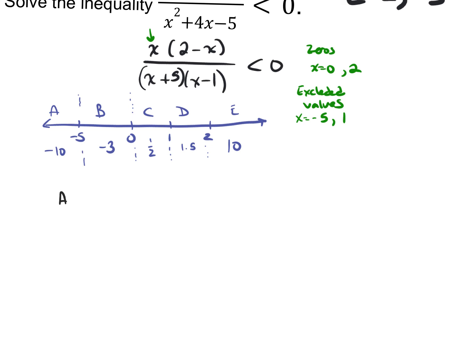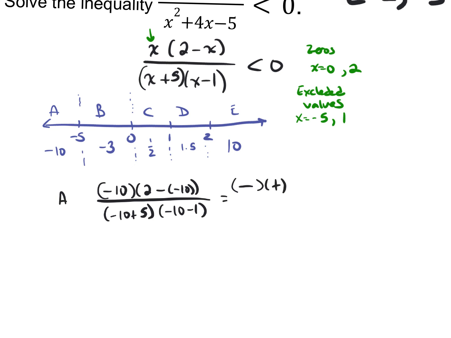So we have A, which I'll plug in negative 10, so it's negative 10 times 2 minus negative 10 over negative 10 plus 5, times negative 10 minus 1. So that's a negative times a positive, because 2 minus negative 10 is positive 12.